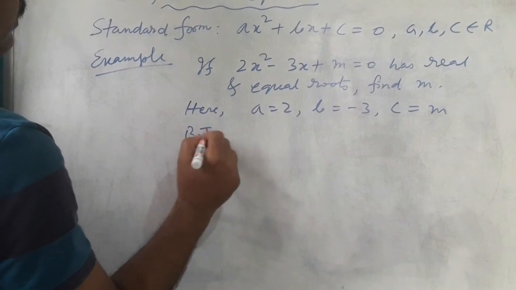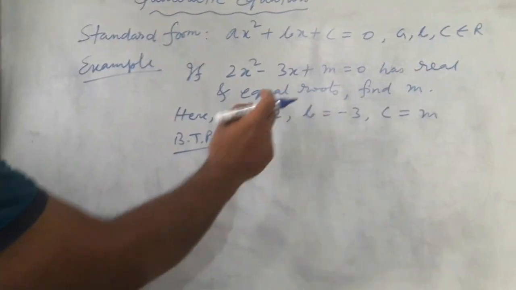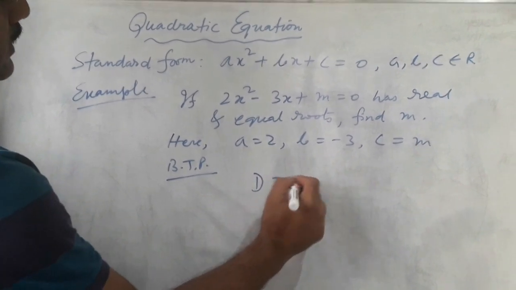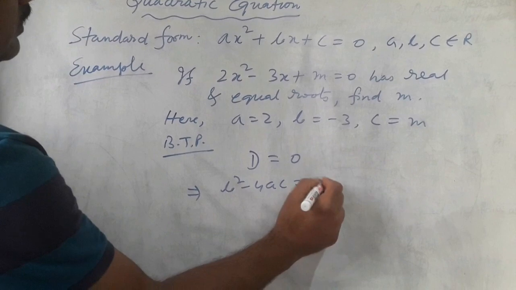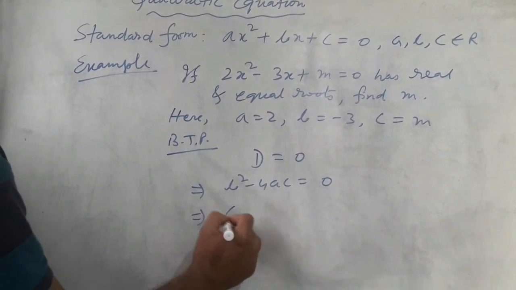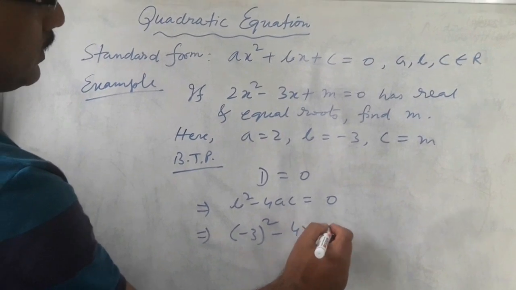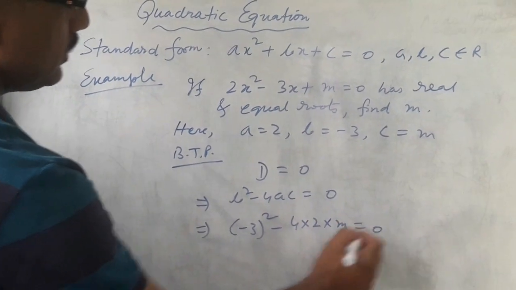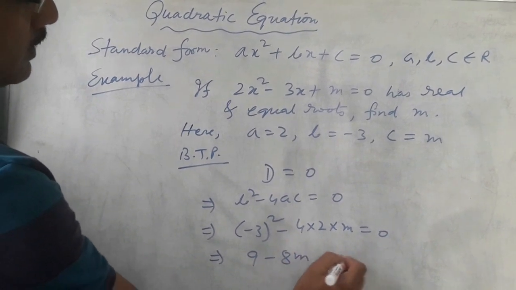By the problem, since the condition given is real and equal, therefore the discriminant's value will be 0, or b square minus 4ac must be equal to 0. So (-3) square minus 4 into 2 into m equals to 0, or 9 minus 8m equals to 0.